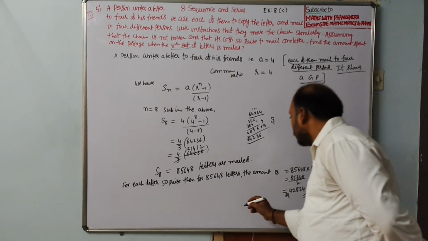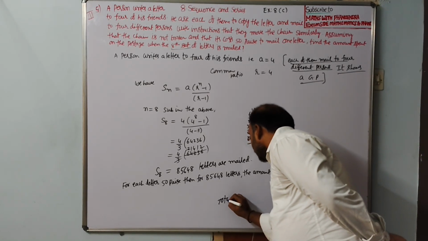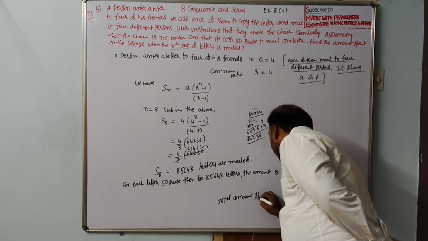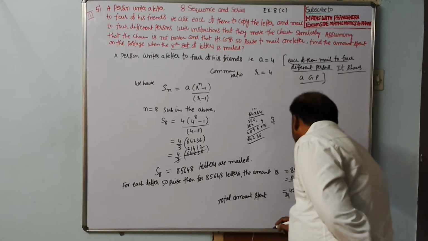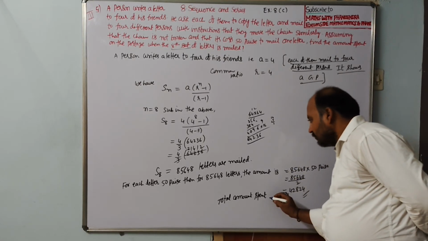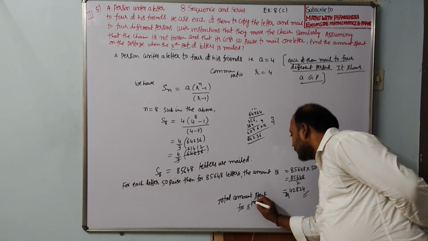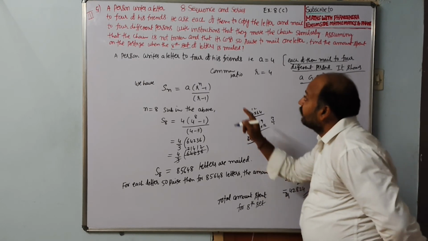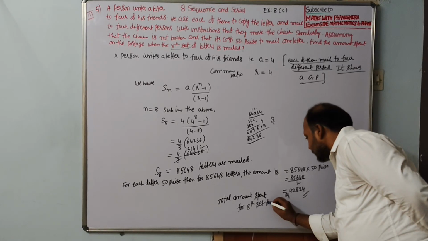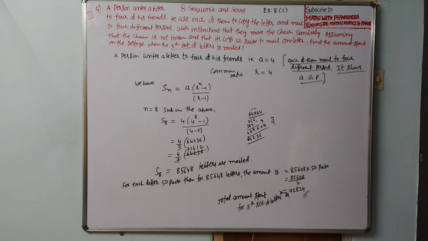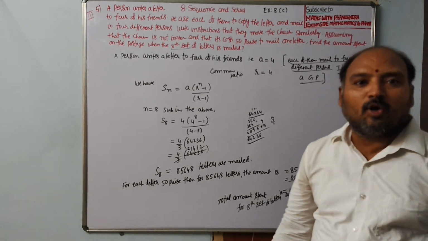Therefore the total amount spent for 8th set of letters is 42,824 dear students. I hope you understand.